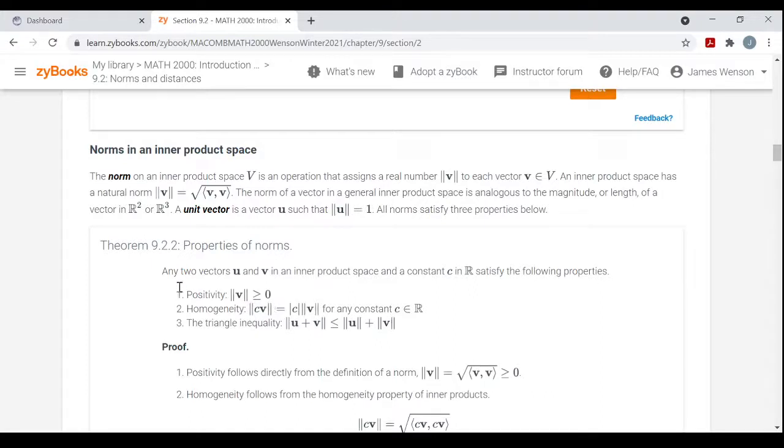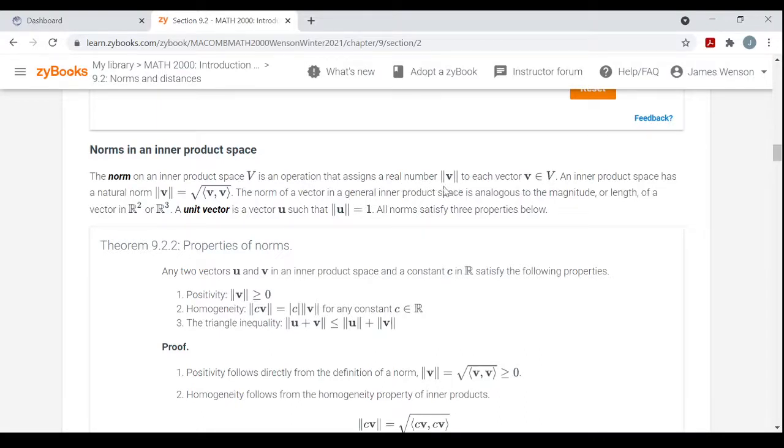All right. So now let's get into the heart of the section, I guess. The title of the section is Norms and Distances. This is about norms in an inner product space. Alright, so the norm on an inner product space V is an operation that assigns a real number.